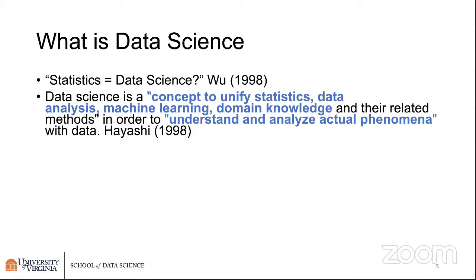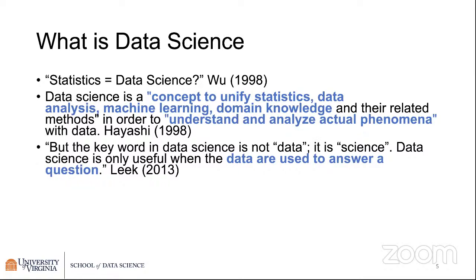Well, let's take a look at some things that others have written about what data science is. A concept to unify statistics, data analysis, machine learning, domain knowledge, and related methods in order to understand and analyze actual phenomena. This is what Hayashi said also in 98. Then you've got this one from Leek: the key word is data science, not data. It is science.